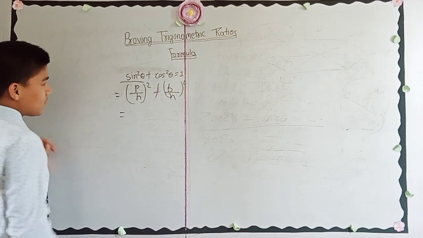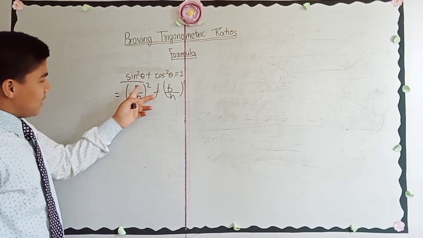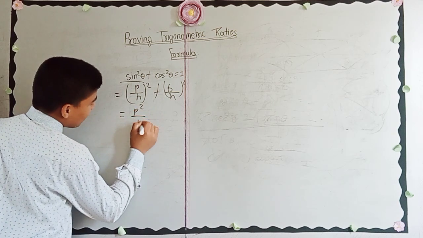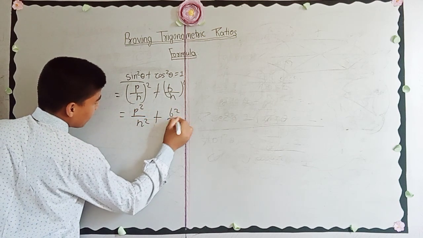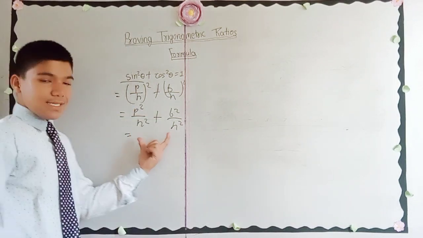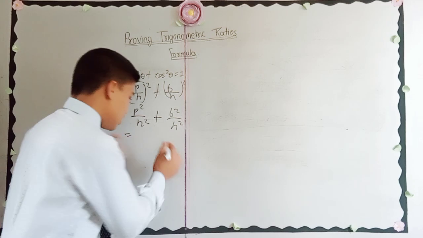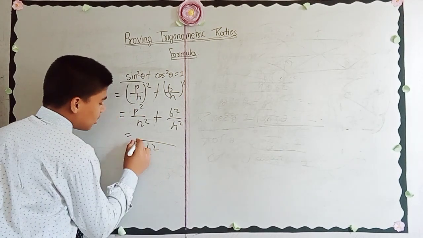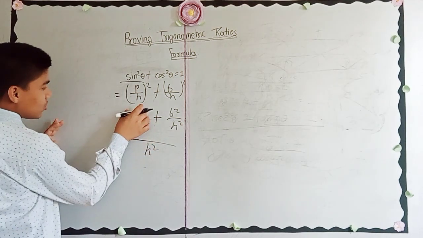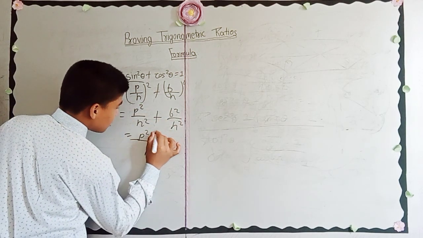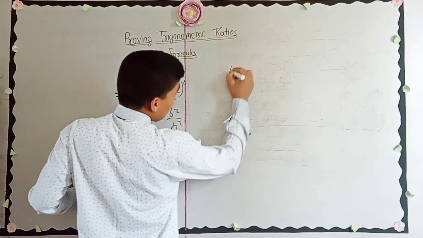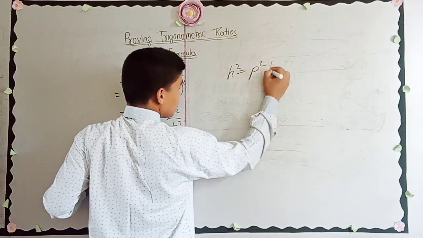Now when we give this square to this, it will be p square by h square plus b square by h square. Now the denominators are the same, so while taking LCM it will only be the denominator. The denominator stays as it is because they are the same, so p square plus b square. And as we know in the Pythagoras relation, h square is equal to p square plus b square.